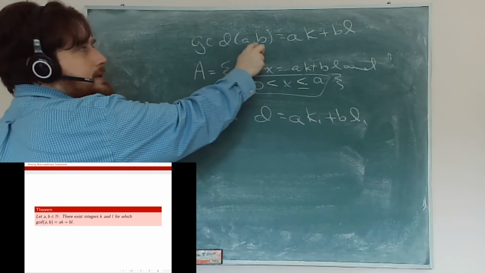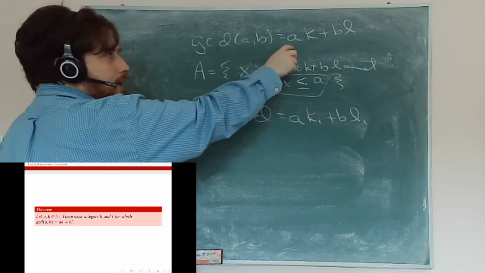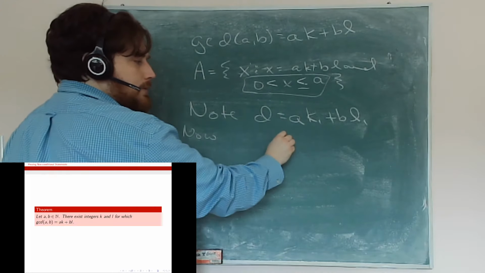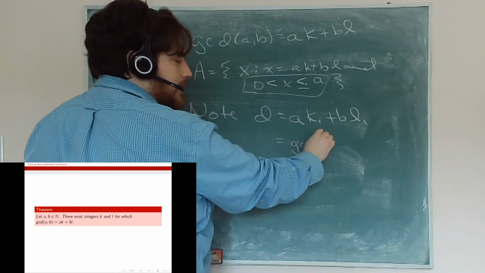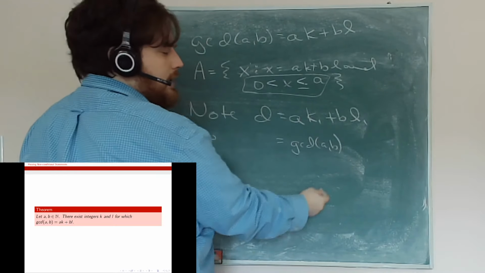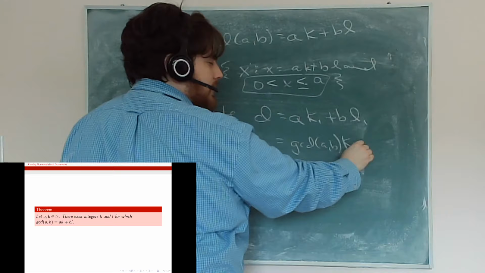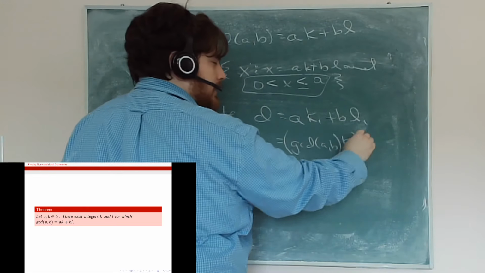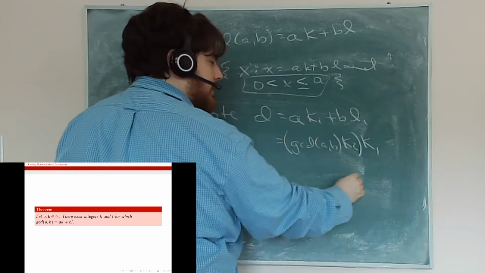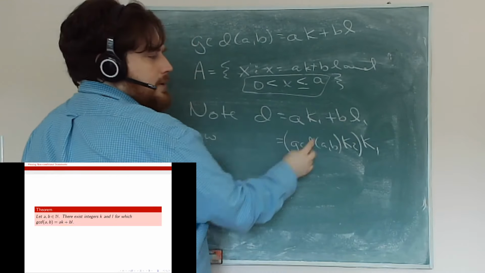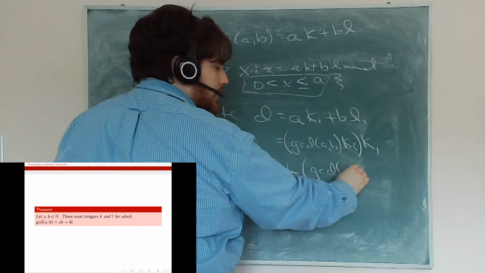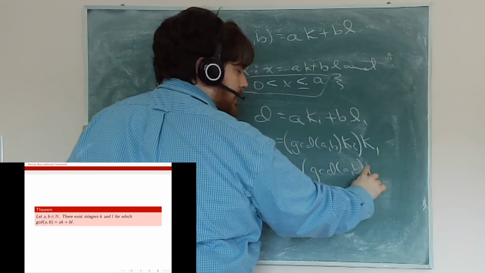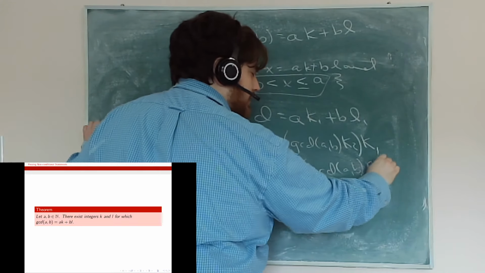Now, we know that the greatest common divisor of A and B divides A. So what we get is A is equal to the greatest common divisor of A and B times, let's say, K2. So that's A times K1 plus, and the greatest common divisor divides B, so that's the greatest common divisor of A and B times L2, we'll say.